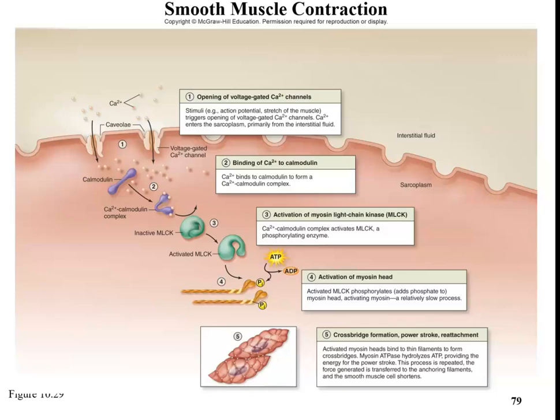Okay, so here's smooth muscle contraction. Your first step is there's going to be some sort of stimulus that triggers the opening of voltage-gated calcium channels. Calcium from the interstitial fluid is going to enter the sarcoplasm. Calcium is then going to bind to calmodulin. You see calmodulin changes shape.